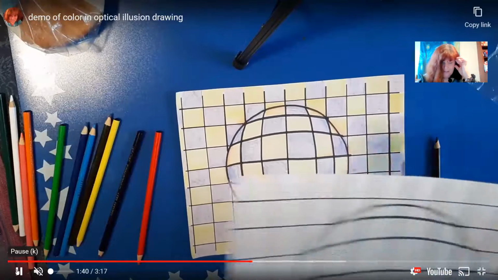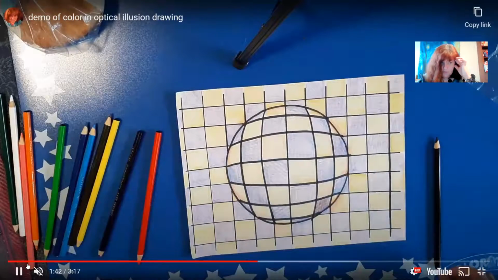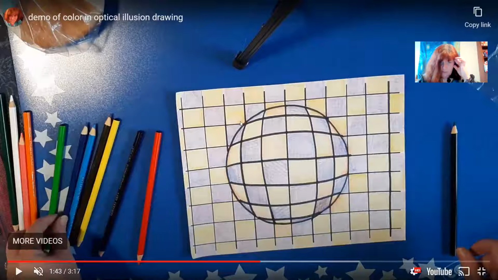Lesson learned. Okay, so this is like a checkerboard design. And if you look at mine, I got purple, yellow, all the way down. And then when I get to where the sphere is, notice how I chose to continue my pattern.